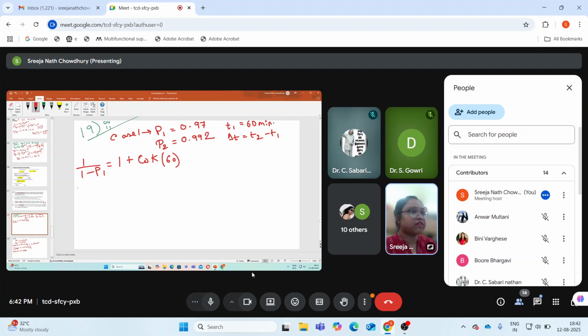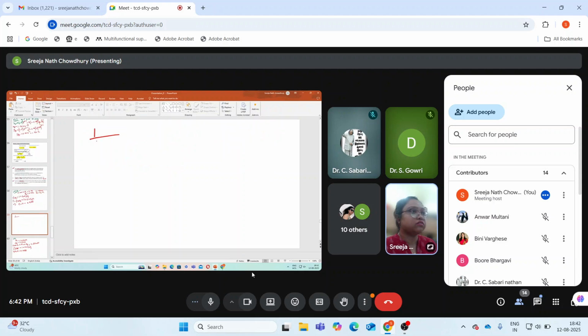1 by 1 minus P2 will give you 1 plus K C0 T2, then it will be 1 by 1 minus 0.992 gives you 1 plus K C0 T2.